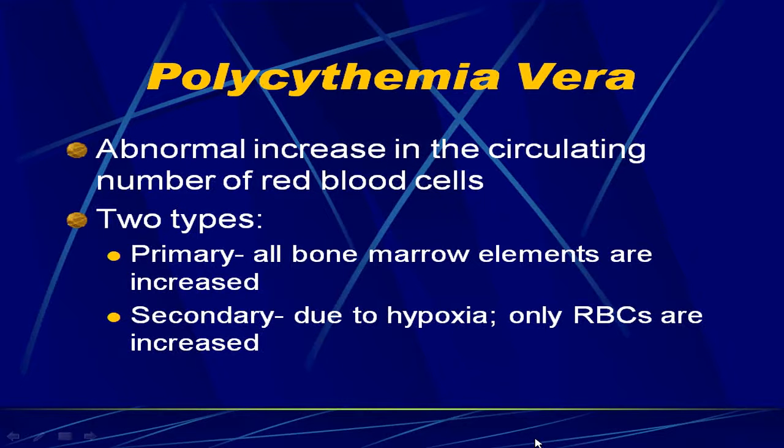The body senses that as the person needing more oxygen, and the body's way of producing oxygen is through erythropoiesis, because we know that the red blood cells carry oxygen. So when the body senses hypoxia, it's going to produce more red blood cells to then carry more oxygen.